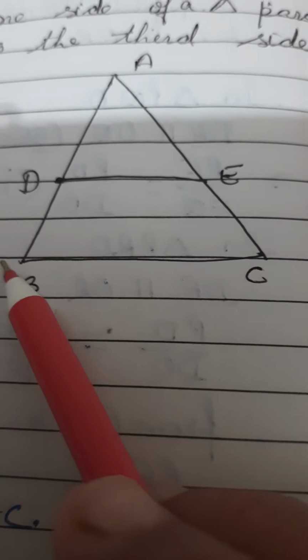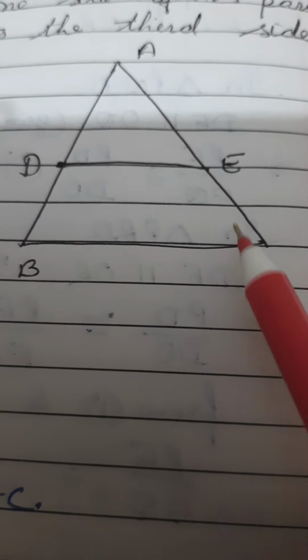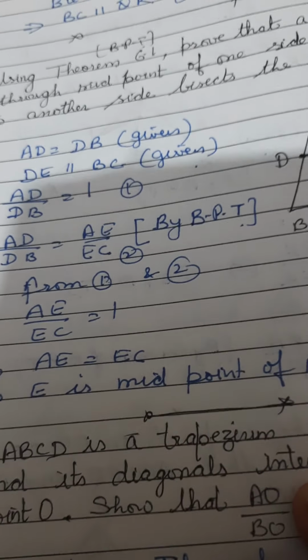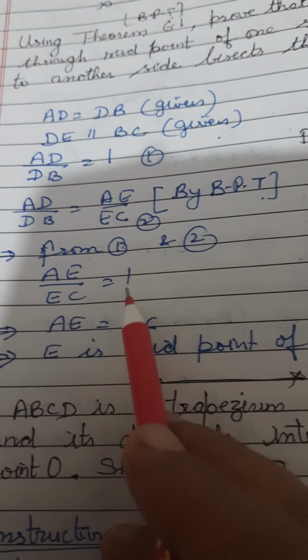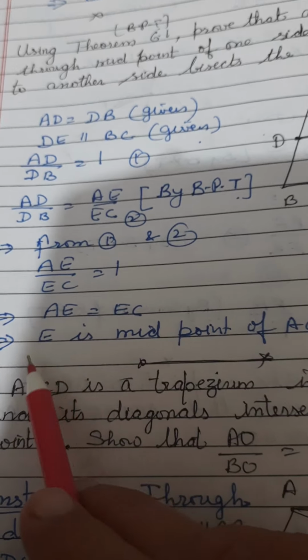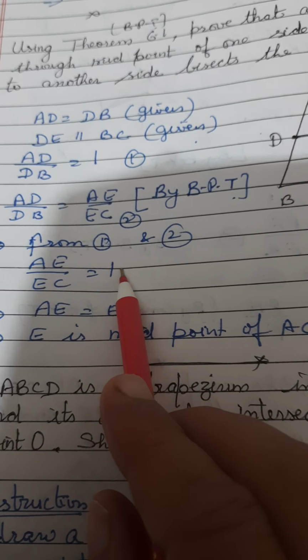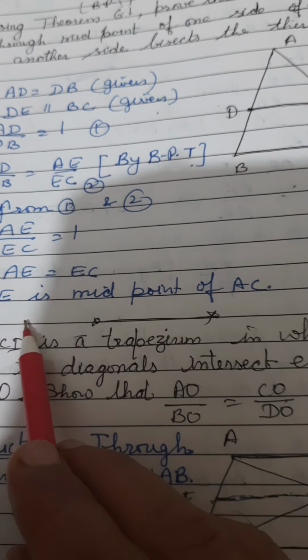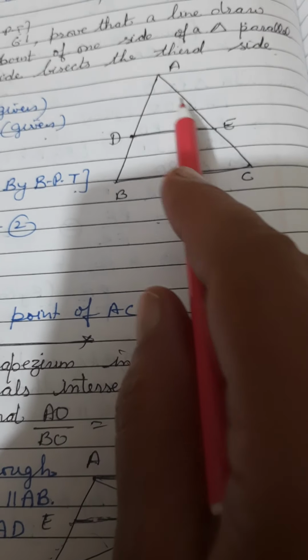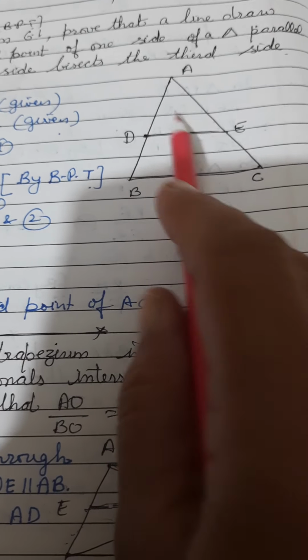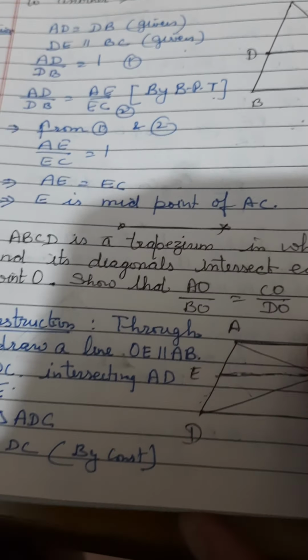But AD by DB is equal to AE by EC, therefore AE by EC is equal to 1. From here we get AE is equal to EC by cross multiplying. Therefore if AE is equal to EC, it means that E is the midpoint of AC.